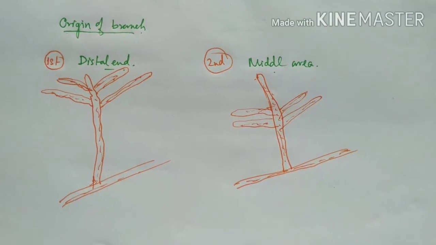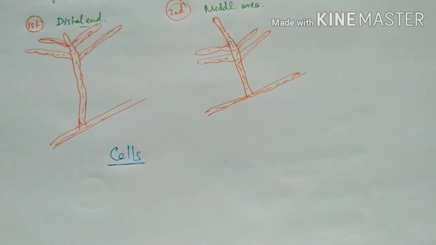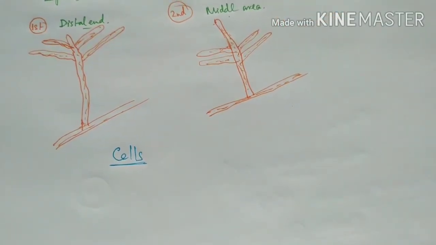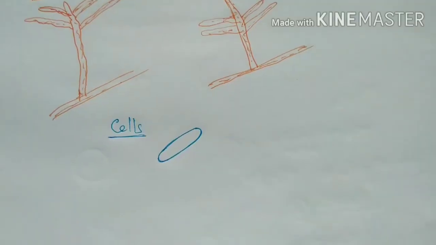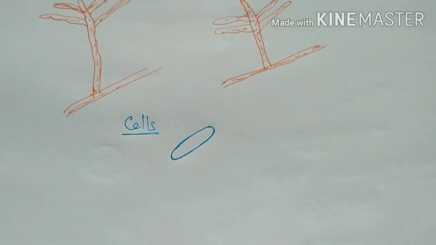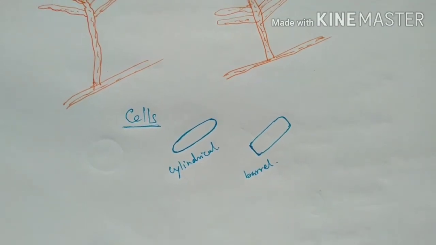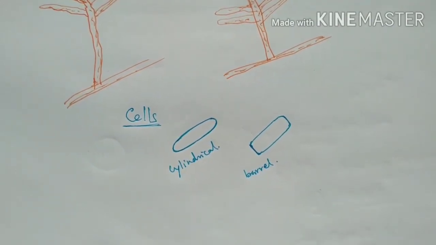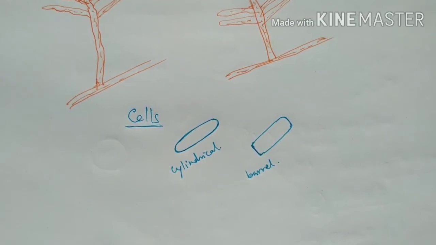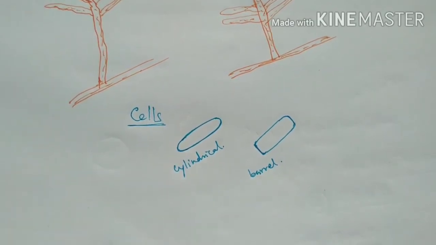Now let's talk about cells. The cells of Trentepohlia are cylindrical or barrel shaped. Two types of cells we can see in Trentepohlia algae. And the cell wall is made up of cellulose.